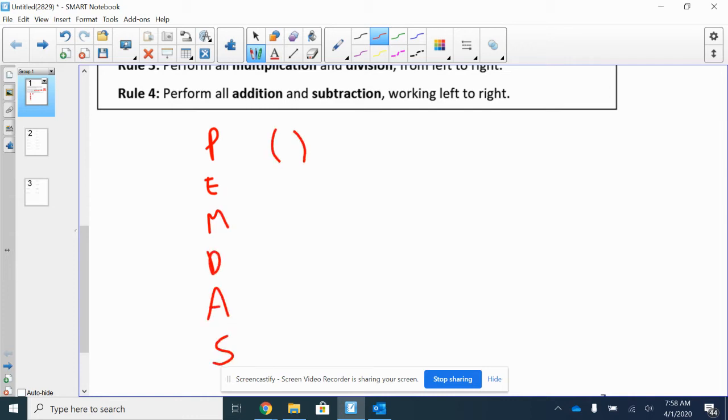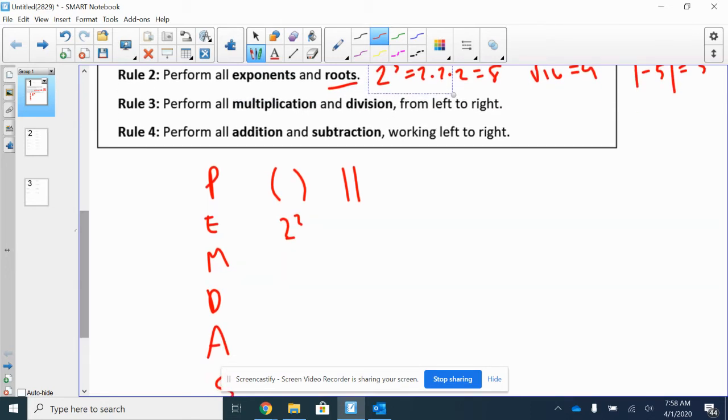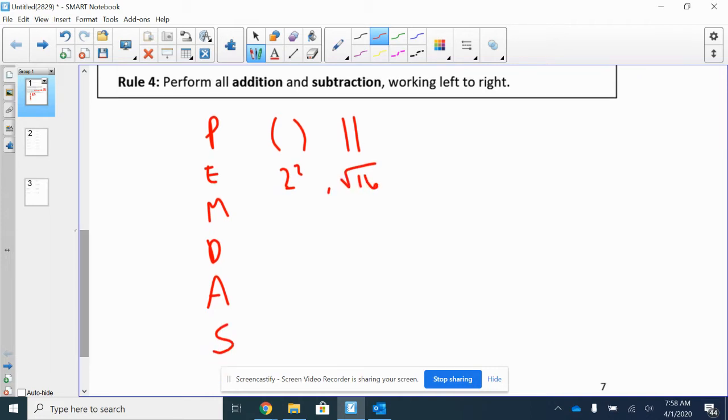P being parentheses, remember the absolute value. E being exponents. There's automatically something wrong with this learning tool, because we forget about roots, or the square root of something. And then we have multiply, divide, and the next one is add and subtract.